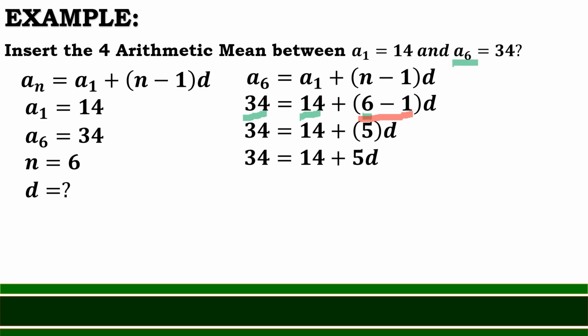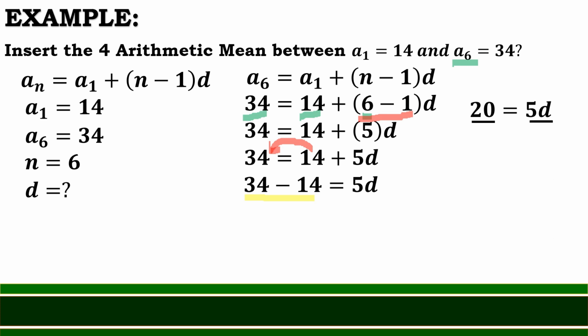Next naman, gagawin natin, si positive 14 transpose natin sa kabilang side. Kapag transpose natin siya from positive, magiging negative. So, magkakaroon tayo ngayon ng 34 minus 14 equals 5d. Then, 34 minus 14 will give you 20 is equal to 5d.